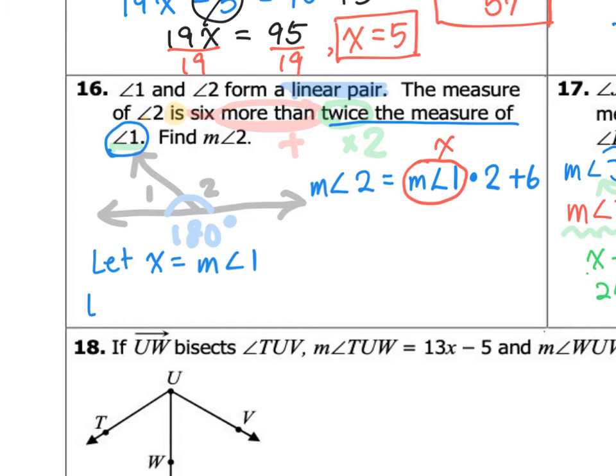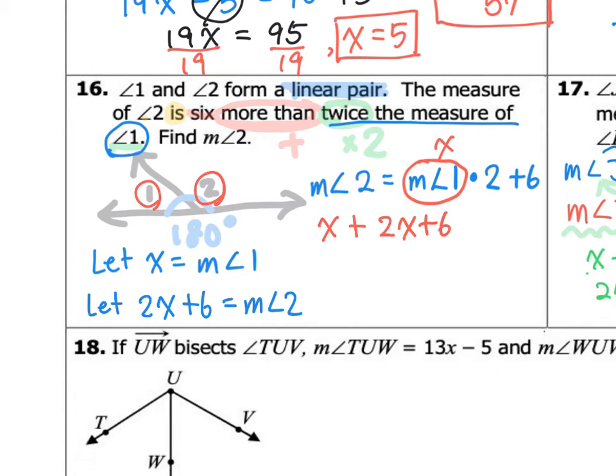So we can put 2 times x plus 6 equals the measure of angle 2. Now we can set an equation, guys. All right, let's do it. It will be x, which is the measure of angle 1, plus 2x plus 6, which is the measure of angle 2, supposed to equal 180 degrees.